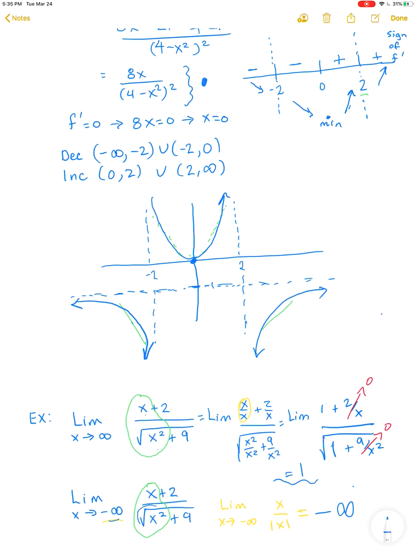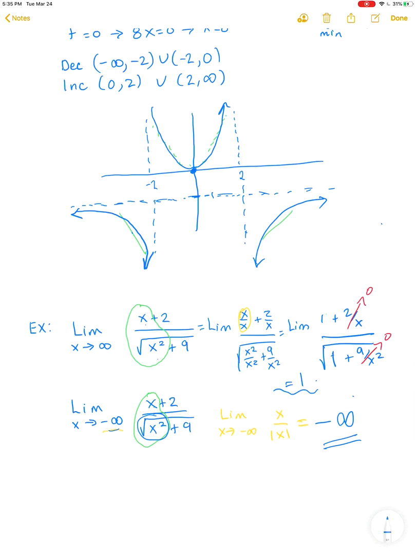Right? The numerator will be negative, but the denominator is going to be positive. So this would be an example of a function whose right end goes to positive 1, but whose left end goes down to minus infinity. Something like this. I don't know what happens in between, but the right end heads toward positive 1, and the left end heads toward minus infinity. Maybe something like this. That's just a guess.